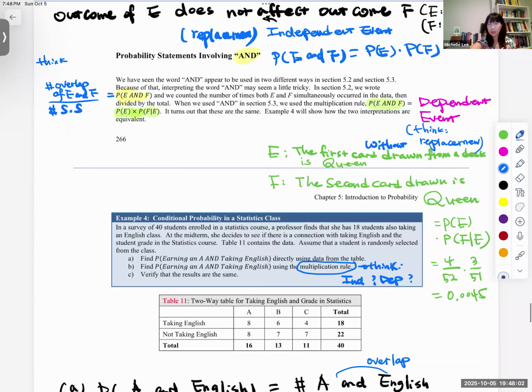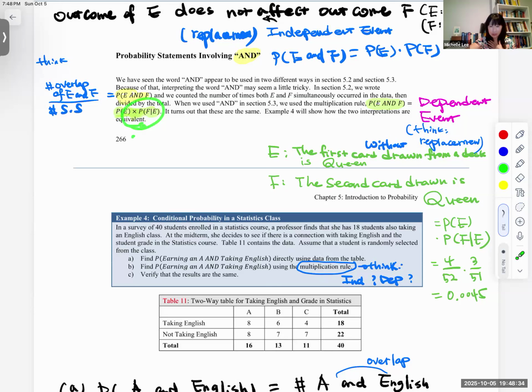Independent, we just multiply together because there's the N part, right? So we just multiply the probability of earning A times the probability of taking English, right? Dependent is a little bit tricky, hard, the formula here, right? So what is the probability of earning A times the probability of taking English given that earning A, right?